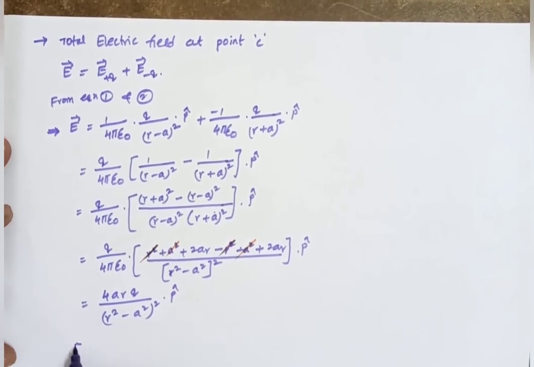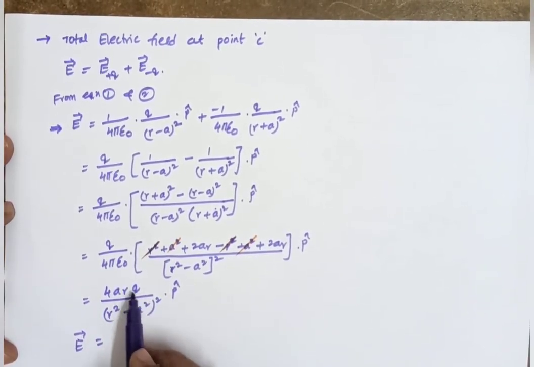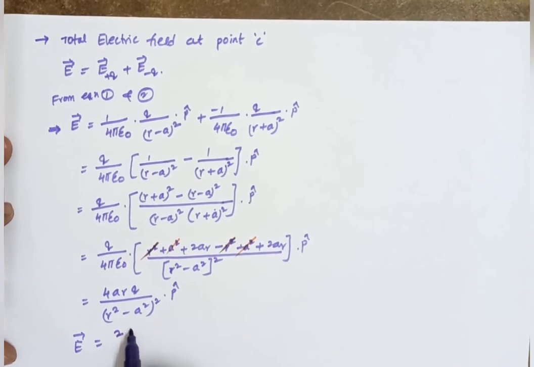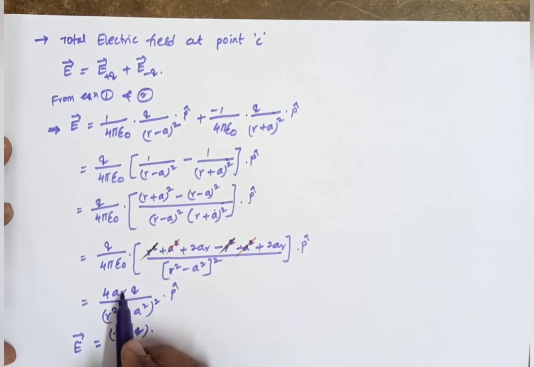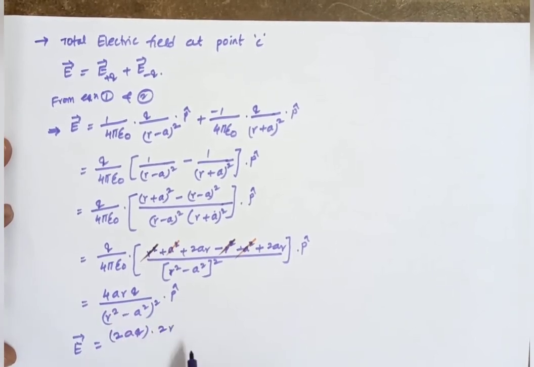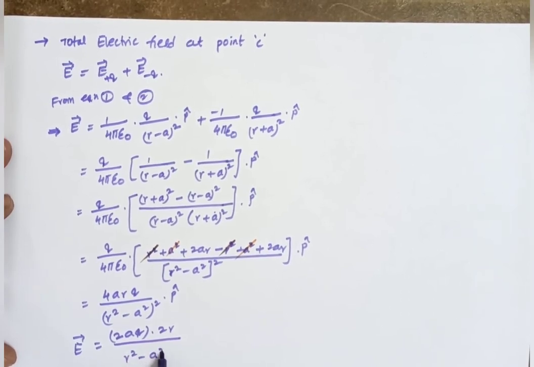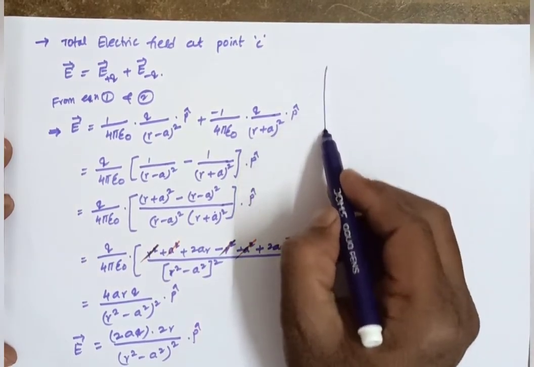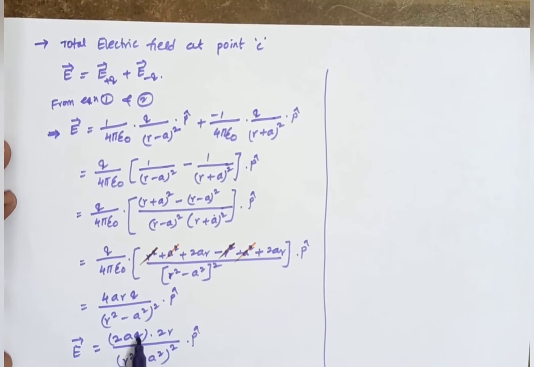So this E bar is written as 2AQ into 2R divided by R square minus A square whole square into P cap. Understood? 2AQ into 2R equals 4ARQ.